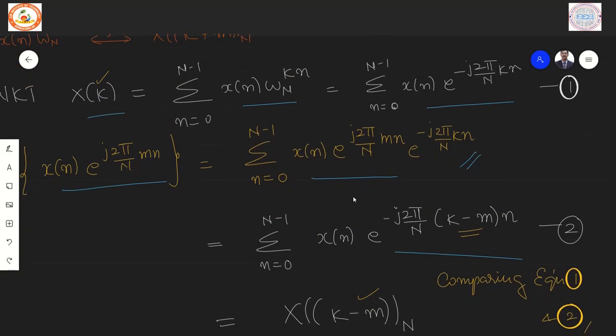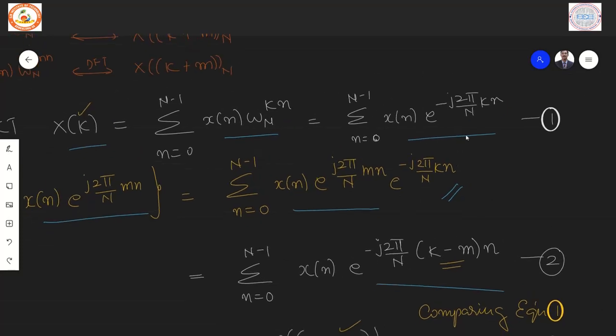Then the two exponents here can be combined. So we collect the common terms. We keep minus j 2 pi by N common because that's a feature of the DFT. And what remains is k minus m into n. So this arrangement has been used so that it looks like the DFT equation structure. Okay. So in the DFT equation, we are aware that we have e power of minus j 2 pi by N kn.